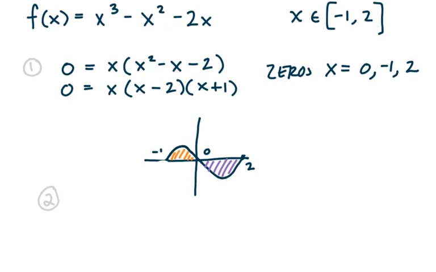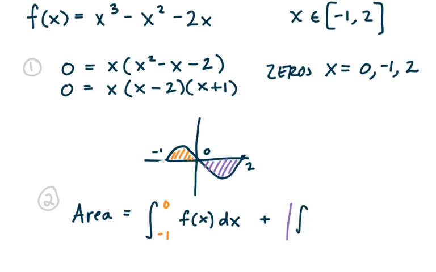If I were to set this up, my area would be equal to the integral from -1 to 0 of my function with respect to x plus the absolute value of my integral from 0 to 2 of f of x dx.